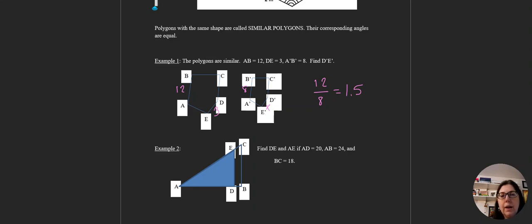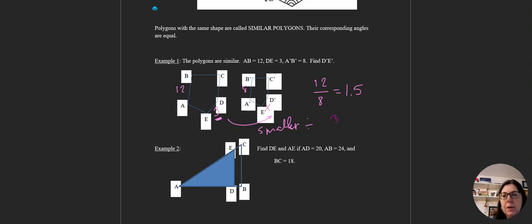But now in our case, we know the bigger number of 3 and we're moving smaller. So when we're moving smaller, we actually divide the number. So if you're moving bigger, you multiply, and if you're moving smaller, you divide.